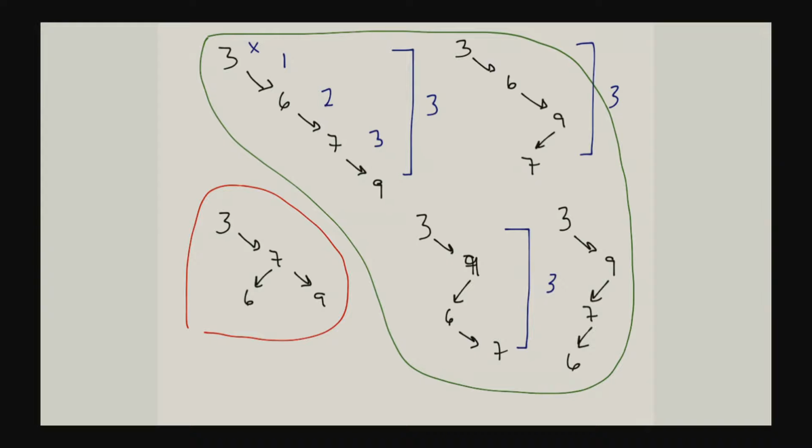The leaves being those nodes that have no children. So in order to get from the root node to either the 6 or the 9, we have to make 1 hop to get to the 7, and then a second hop to get to the 9, and likewise only a second hop from the 7 to get to the 6. So the height of this tree over here is only 2.